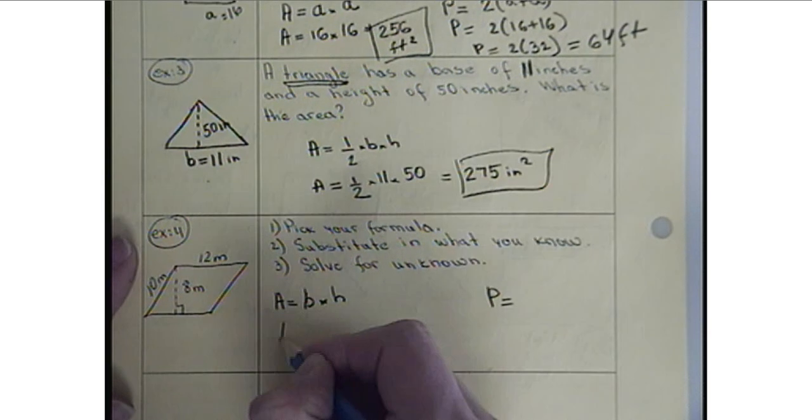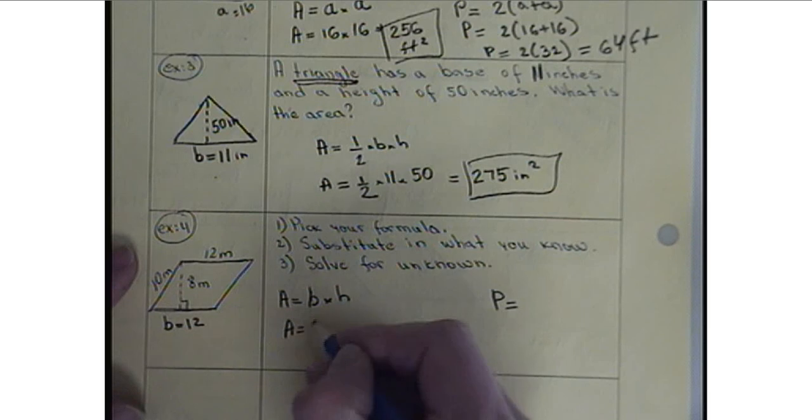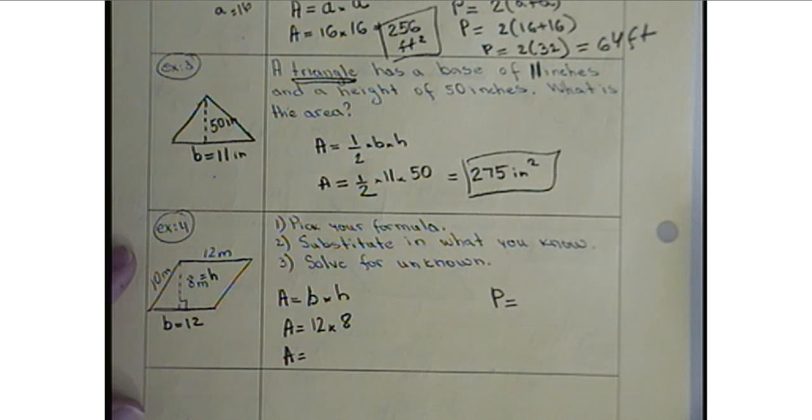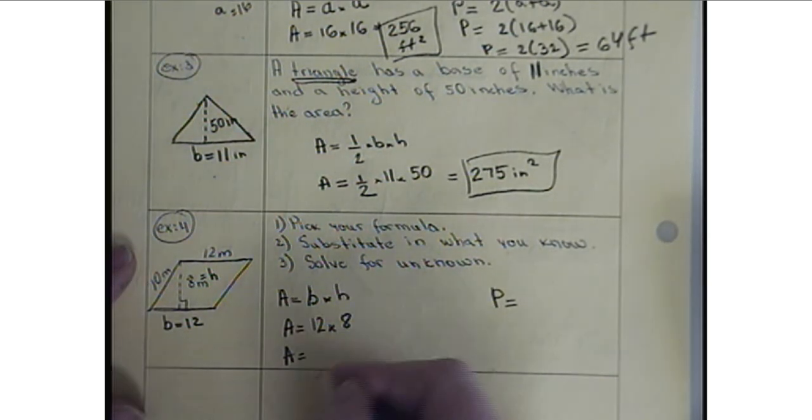So the area is equal to, look at this, this part and this part are the same. So base equal 12, 12 times, and h, this is h is 8. So the area is equal to 12 times 8, which is 96 meter square.